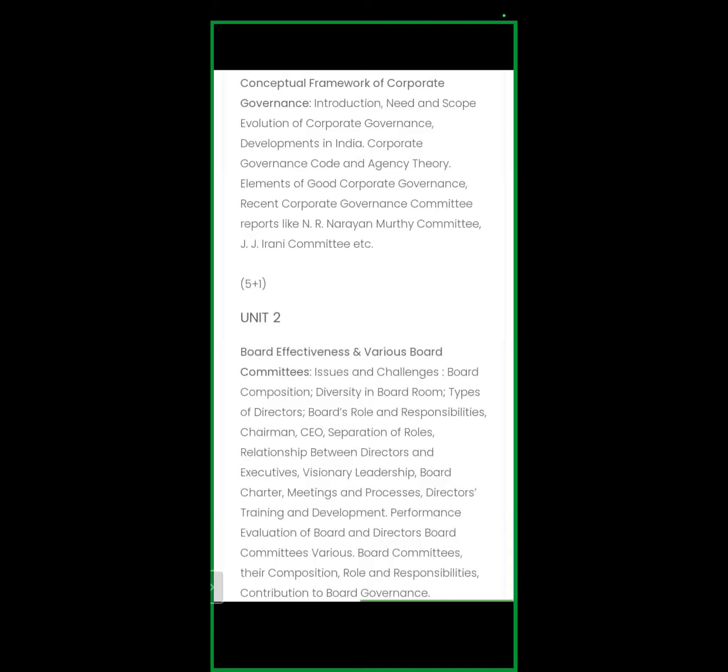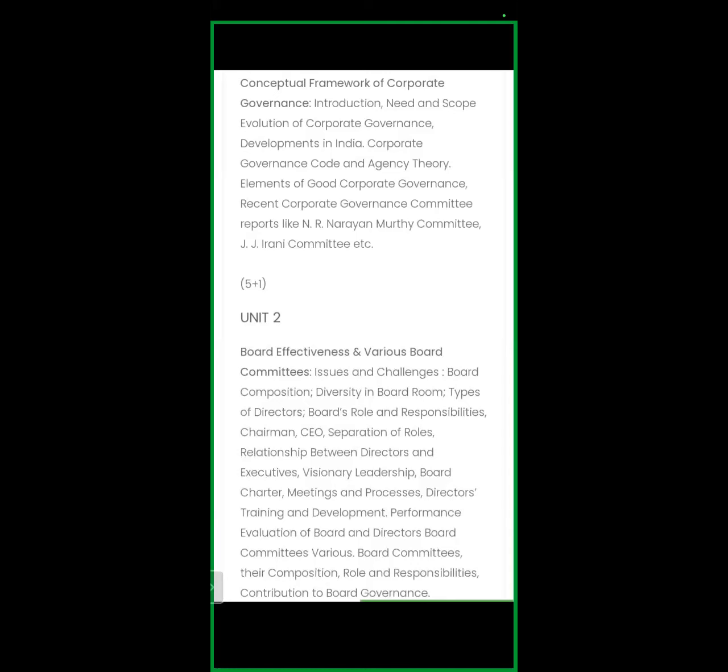The expert committees set up by the government of our country went through this report, and wherever they felt that particular provisions are not relevant to the Indian scenario, they made changes in those provisions also. That we will be discussing in the coming sessions when we discuss these reports.